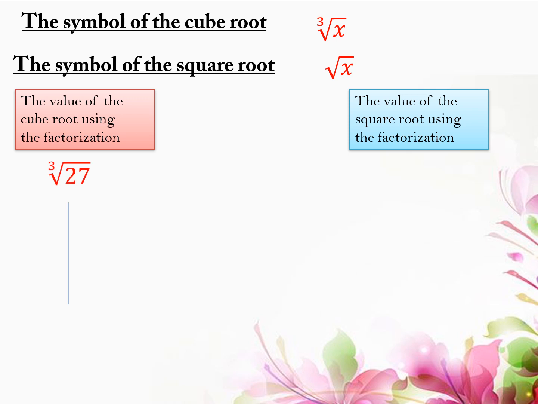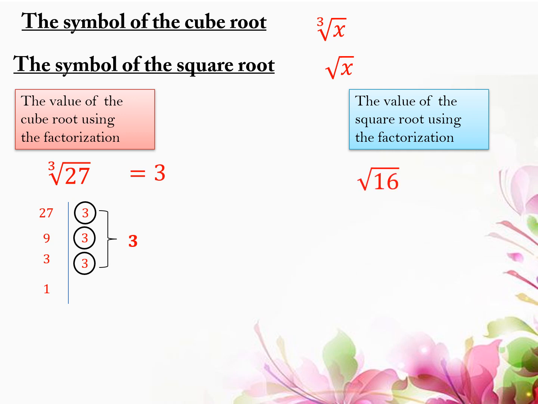Cube root of 27 equals, let's factorize 27 to its prime factors. 27 divided by 3 equals 9, divided by 3 equals 3, divided by 3 equals 1, and from each three numbers we will take 1 to find the cube root of 27. So we have three numbers of 3, we will take 1 from them, then the cube root of 27 equals 3.